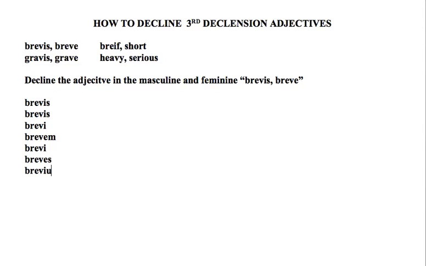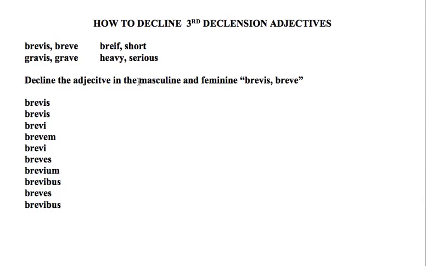Now we're up to the genitive plural, and remember again that the genitive plural is different for adjectives than it is for nouns. And then we finish. And so now we have declined the adjective in the masculine and feminine.